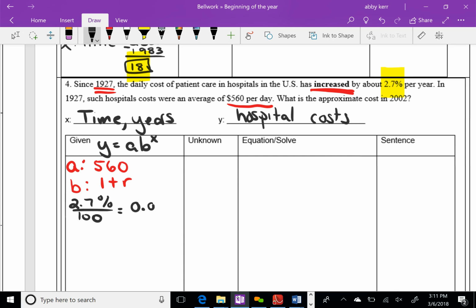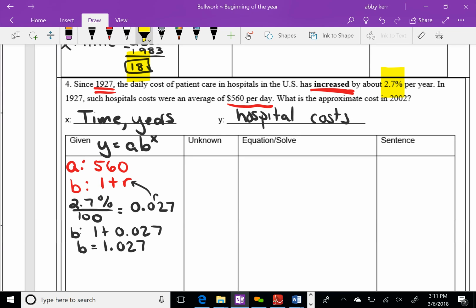So when you divide by 100, it's 0.027. This is your r value. So you need to plug it into that value. So then we add that decimal to 1, and you get your b to be 1.027.